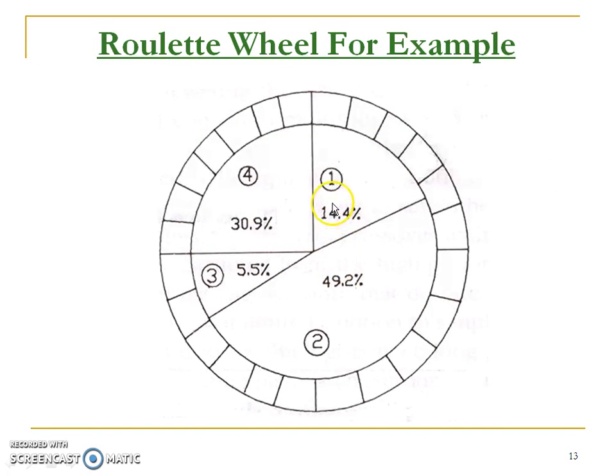In this case, we can see there are 4 chromosomes, 1, 2, 3, 4. The fitness of the first chromosome is 14.4. Now we have calculated the fitness of each chromosome, and from this wheel we can see that the second chromosome has the highest fitness, which is 49.2%.